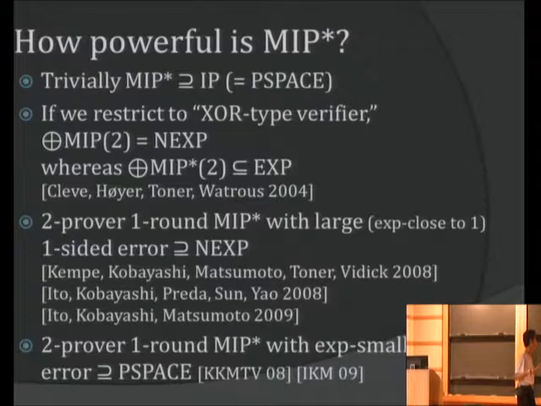So if we allow very large one-sided error, exponentially close to 1 soundness error, then this class is known to contain non-deterministic exponential time.